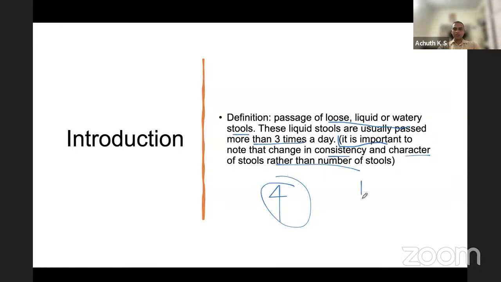If someone is having stools 2 times a day, but it is watery, then we call it diarrhea. So it is not the number of times which is important. It is the change in consistency and character of the stools which is more important. For definition purposes, we can write it as passed more than 3 times a day, which should be loose, liquid, or watery.